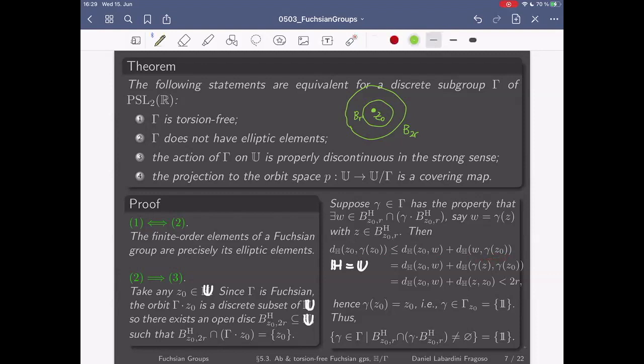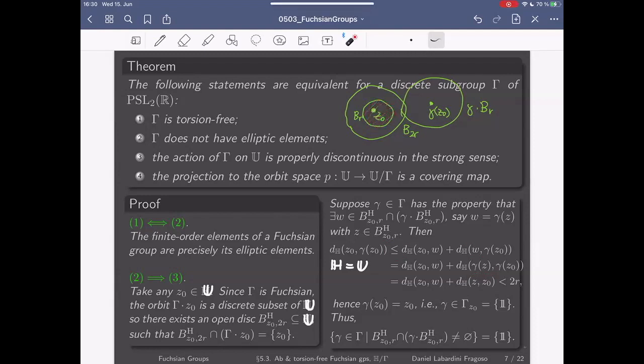So maybe here we have gamma of z naught, and here gamma of B(r). This is the triangle inequality, where w is assumed to be the translate of z, where z is something in this ball.